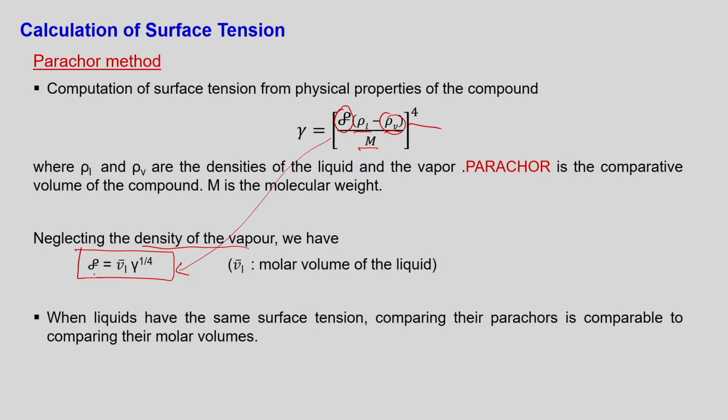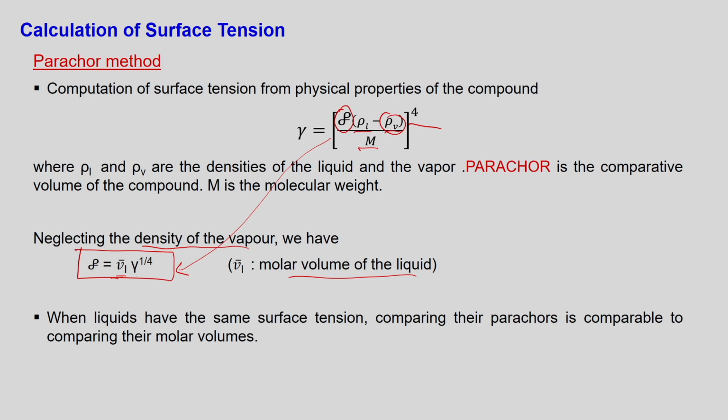Okay. So, the Parachor is nothing but the molar volume of the liquid phase, because you have density by molecular mass, I am writing it as the molar volume of the liquid phase into surface tension raised to the power of 1 by 4. So, if you have some molecule, you break it into individual species, and each species has a Parachor contribution.